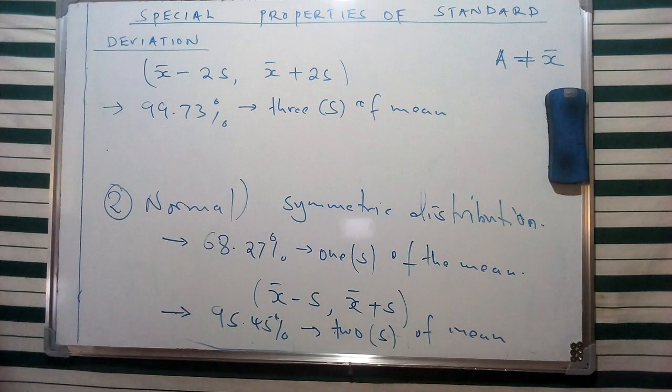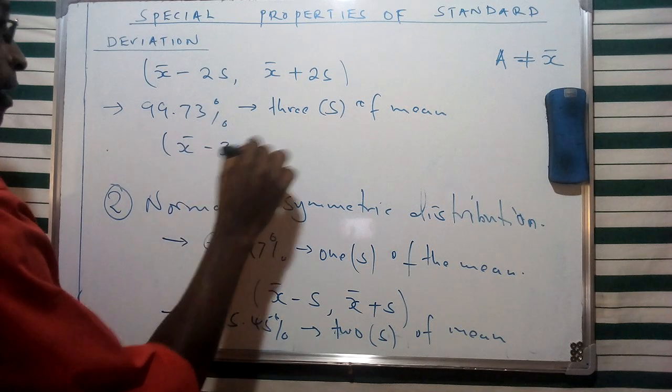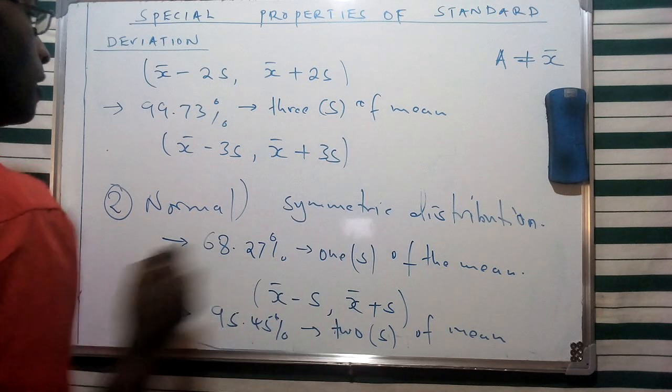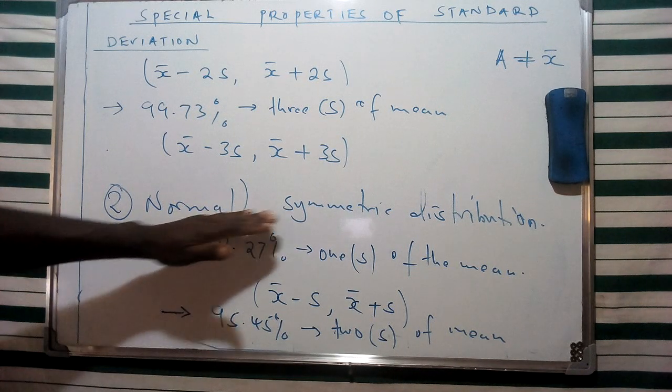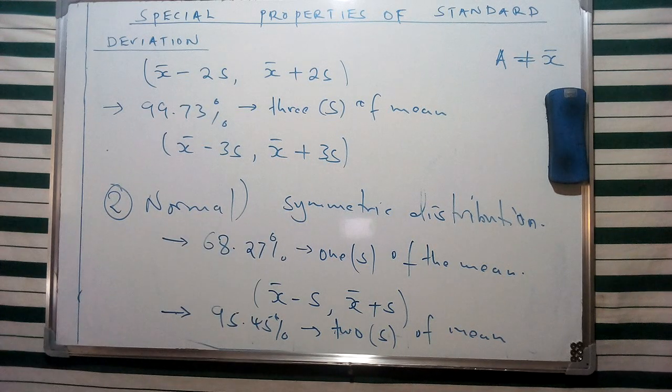As well, we can have a representation of this as x minus or plus 3s. And this is a specific relationship that we have seen for the symmetric distribution. We're going to see some of the concepts developed from this, especially on Chebyshev's theorem, which we're going to look at in our next discussion.